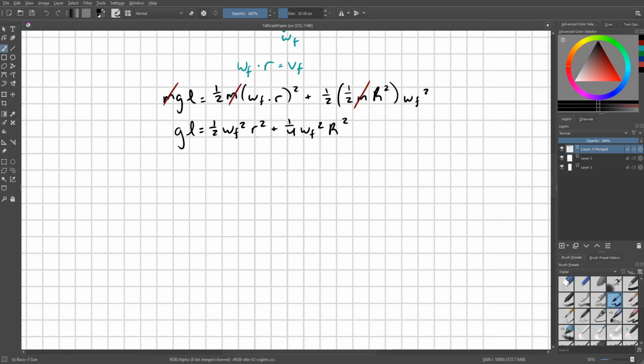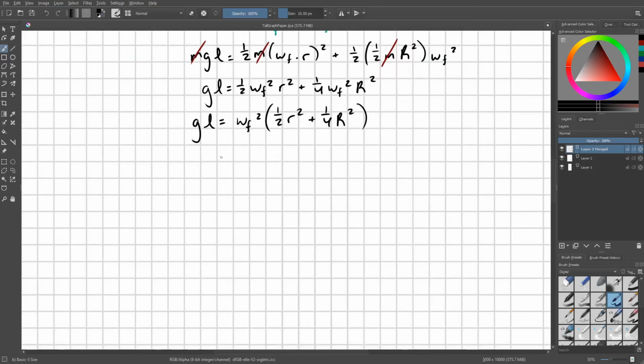Alright, I'm going to go ahead and take out my omega final squared term, so I'm going to write gL equals omega final squared times (1/2 little r squared plus 1/4 big R squared).